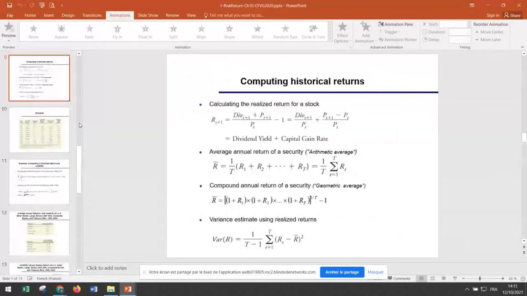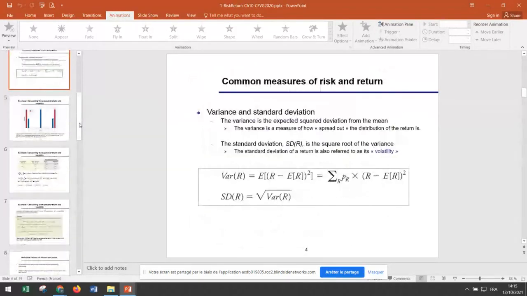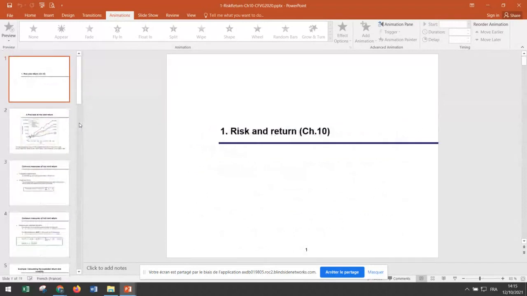So this chapter is very straightforward, nothing complicated. You should know how to measure risk, how to measure return, how to measure average return, and how to measure the standard deviation that represents the stock's volatility.